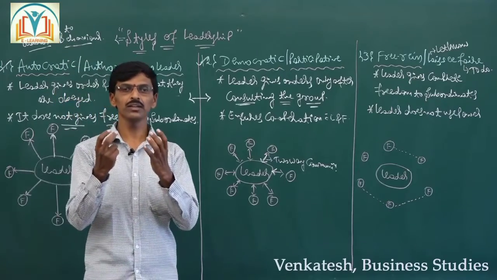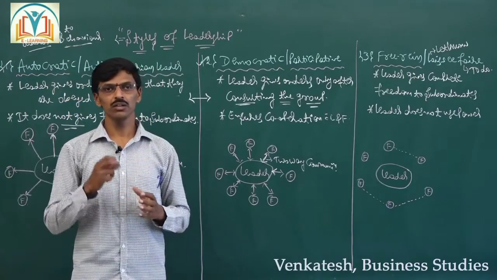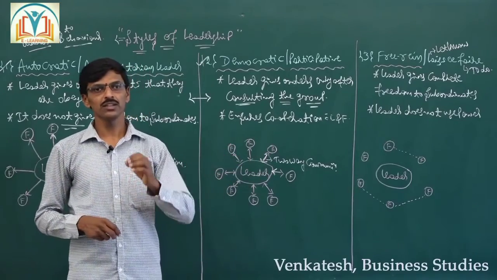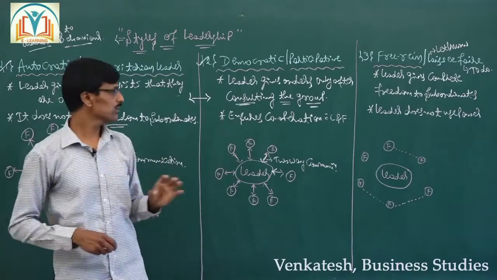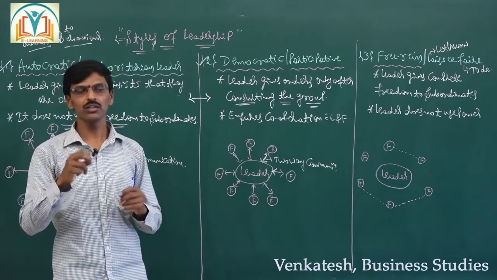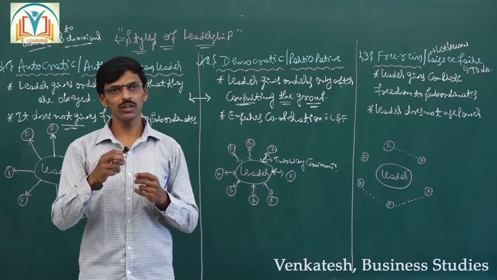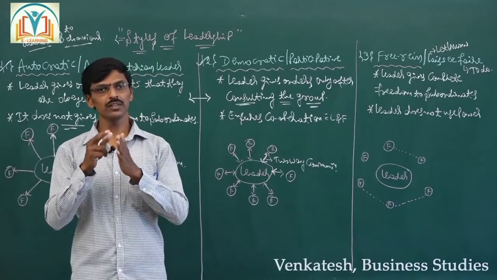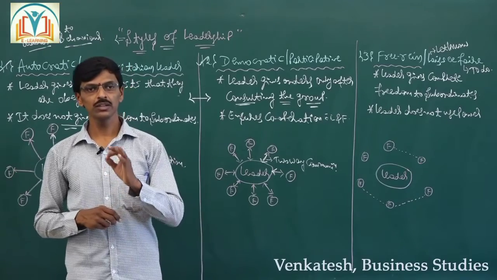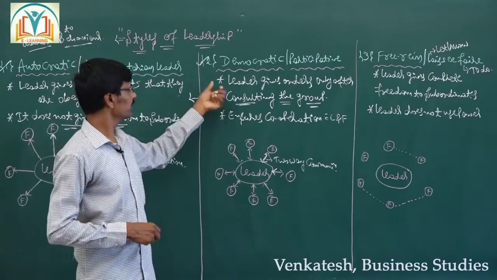By taking the opinions and suggestions given by the workers into consideration, they complete the task or receive the work order and fulfill the work given by the leader. That is called democratic leadership.